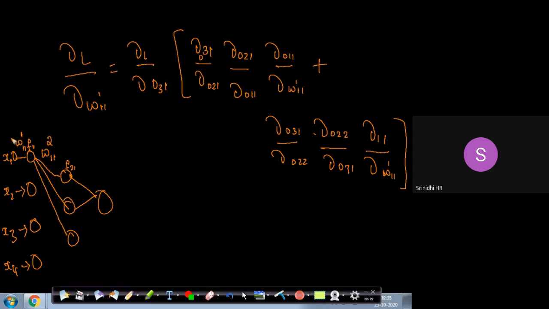I want to find this particular thing, W11 power 1. So what is the loss when I compare with this? Here it is O1, this is F21, this is F31. So the output of this will be O31, this is O21, this is O11. Am I correct?